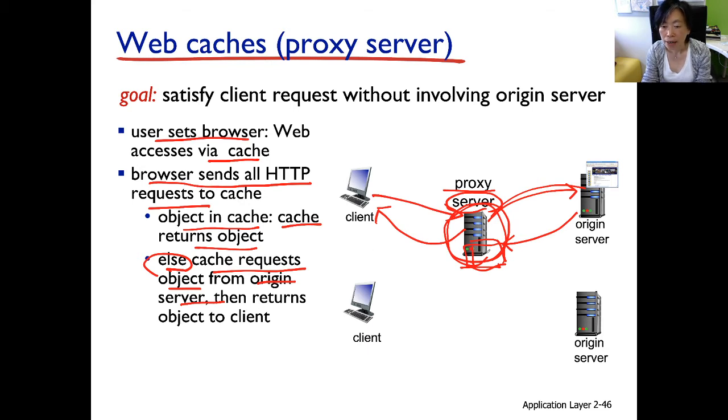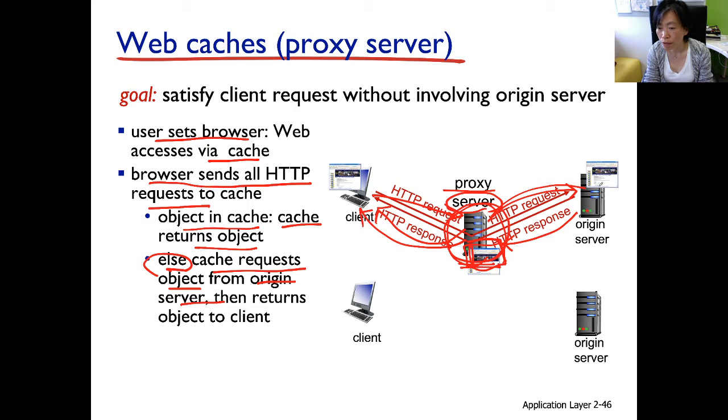After the object is downloaded here, the proxy server then sends the object back to the requester. So let me illustrate. If the object is not here, the request goes to the original server, the response comes back, the cache stores a copy, and then forwards it back to the client.